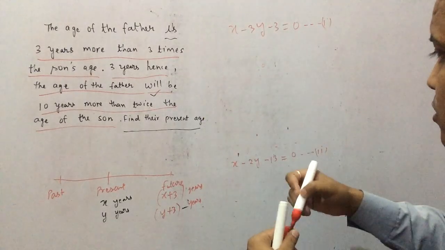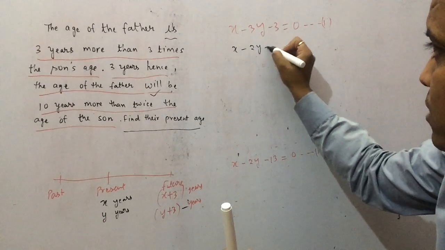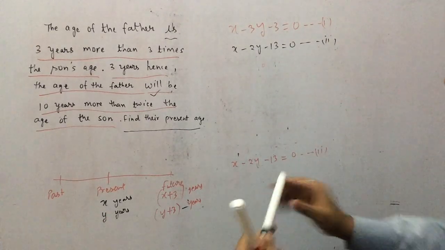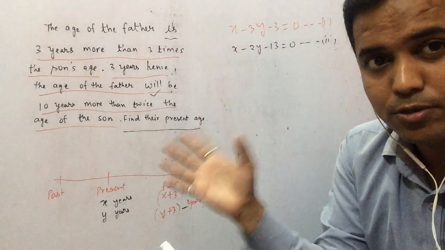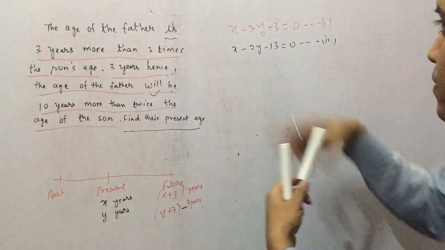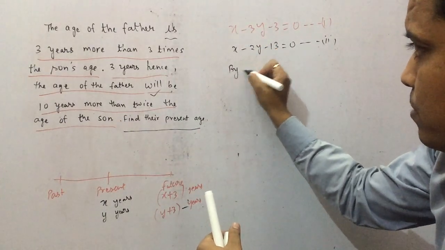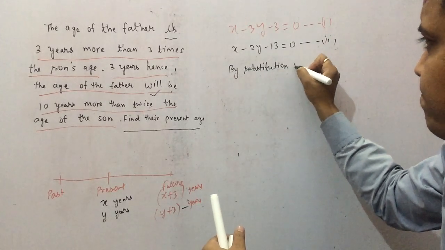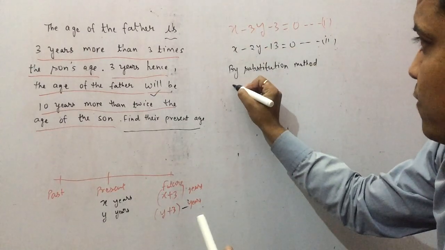And the second equation is x minus 2y minus 13 equal to 0. So let's solve it by using the substitution method first. Okay, so take the first equation.